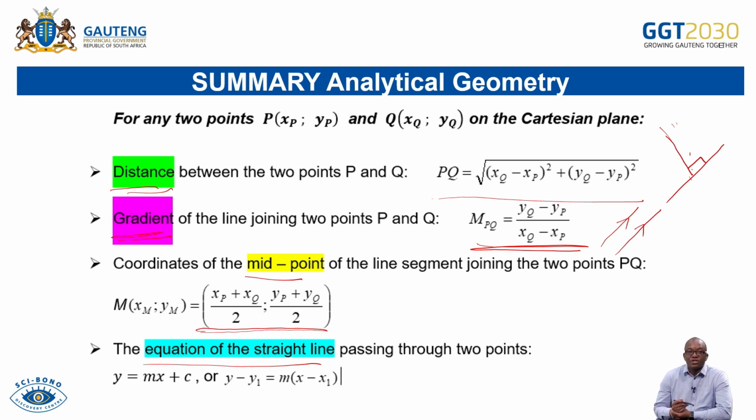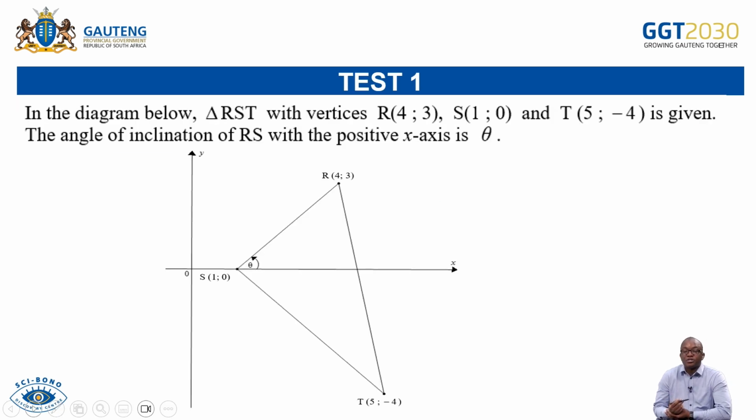And the equation of a straight line. Remember, you will need a gradient and 1 point on the line that we need to determine. Correct. So now let's move to our first activity.